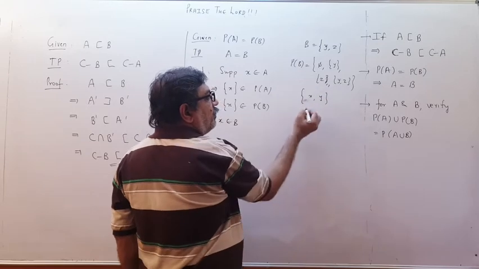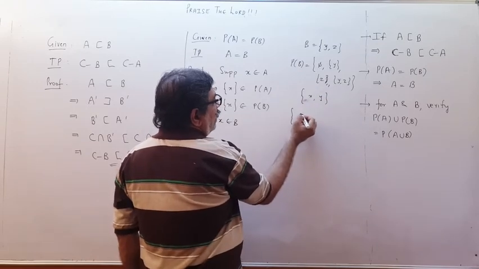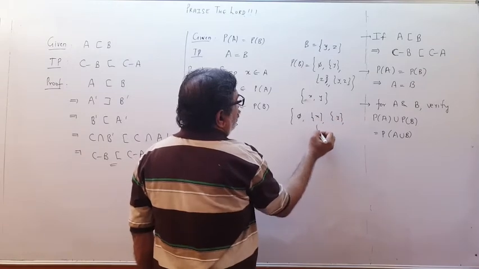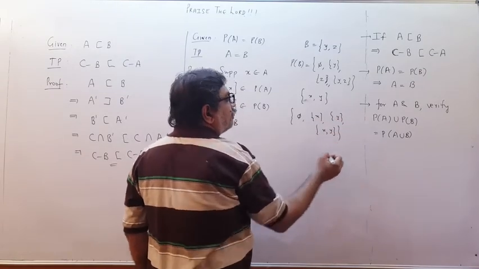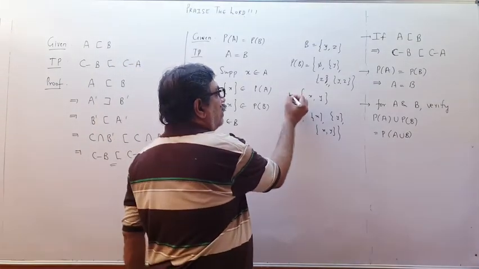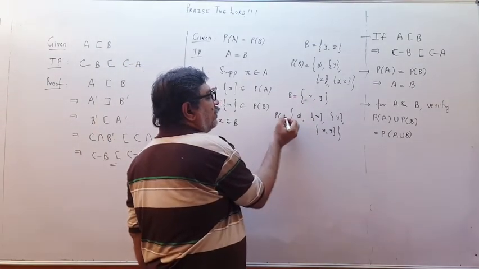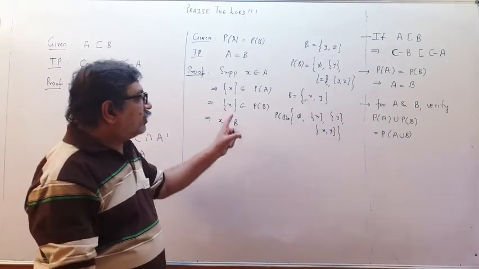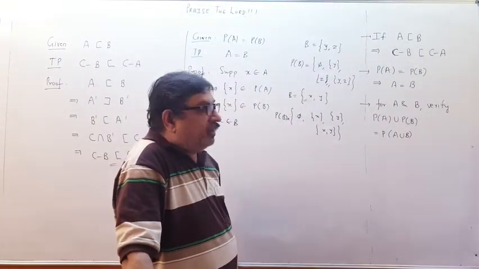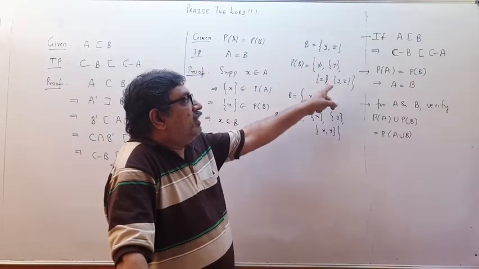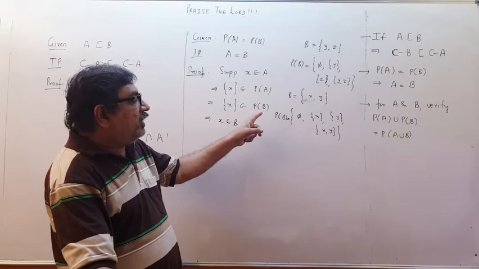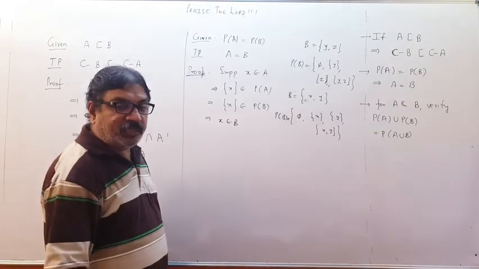If I want set X to belong in PB, then I have to write B as, supposing, XY. Then what will be PB? See, it will be null set, set X, set Y, and set XY. So till the time X is not in B, this is B for me and this is PB for me. If I want set X in PB, then X should be in B. If I don't put set X in PB, then X cannot come in B. So set X is coming in PB, that means X will be belonging to B. That is what we understand.